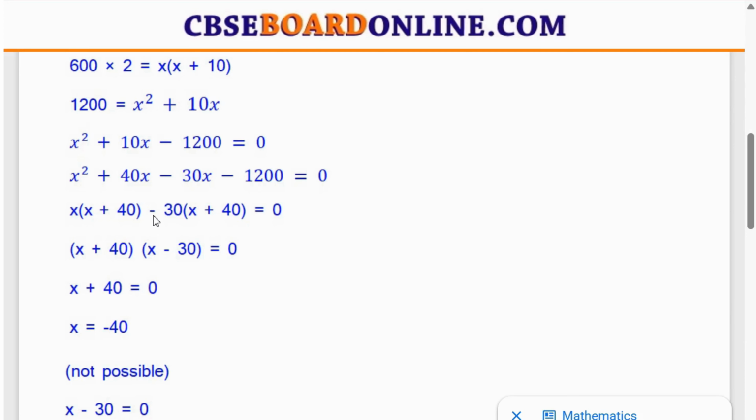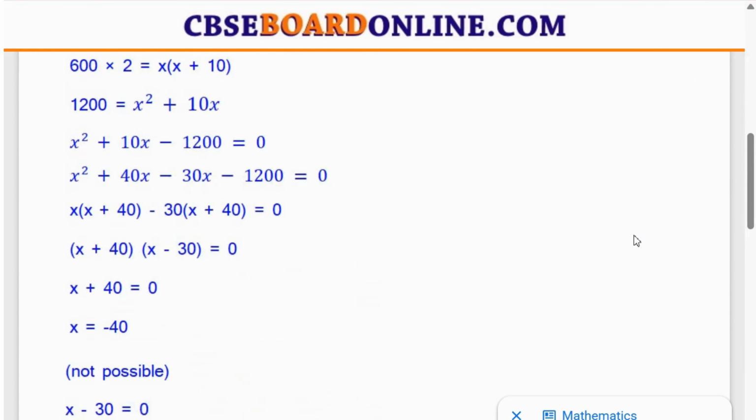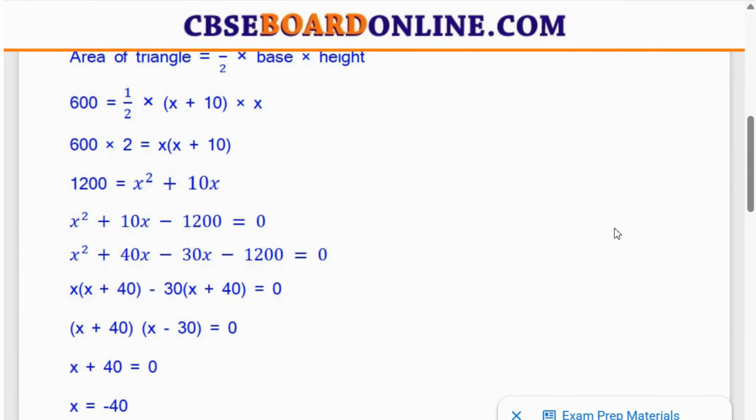If you solve this bracket, x plus 40, it will be x equal to minus 40. Is it possible to have negative 40 centimeters as the length of any triangle? Is it possible? No, right?